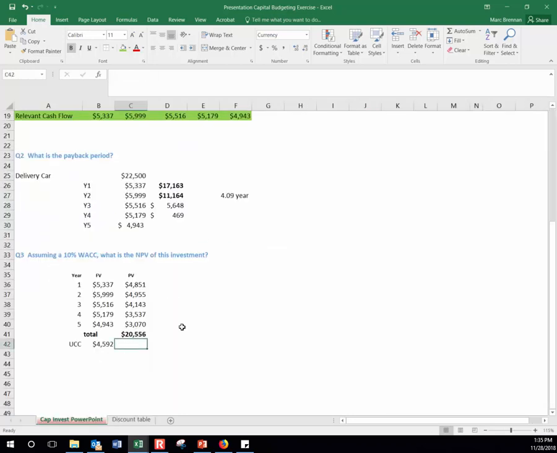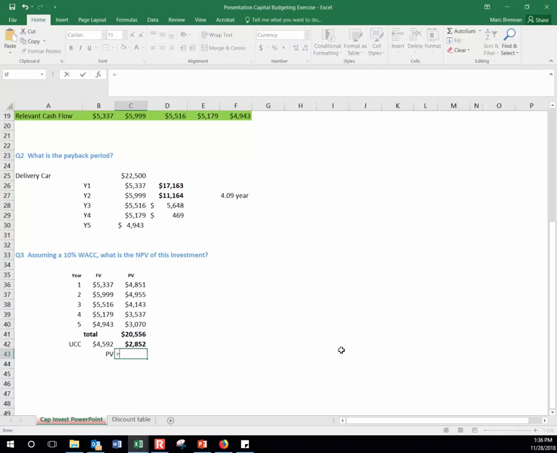So we go 4,592 times 0.621. So it's actually only worth $2,852 in today's dollars. Okay. And now that combined is going to give me the present value of that investment, over the cash flows of the overall value of that investment in today's dollars.